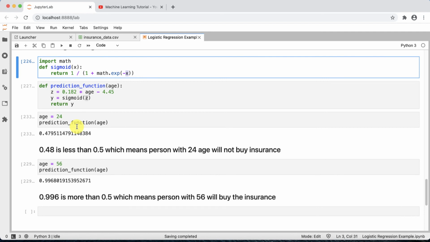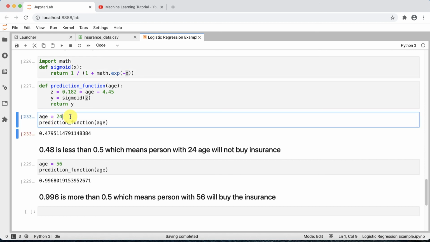Now let's try to predict the values. If the person is 24 years old, then we get a predicted value of 0.479. So it's around 0.48, which is less than 0.5. Here we have a binary classification problem, right? If the value is above 0.5, then it is positive. If the value is below 0.5, then the person has not bought the insurance.